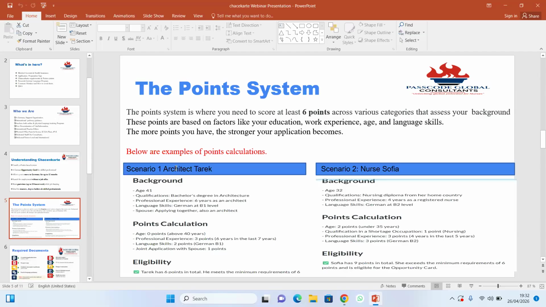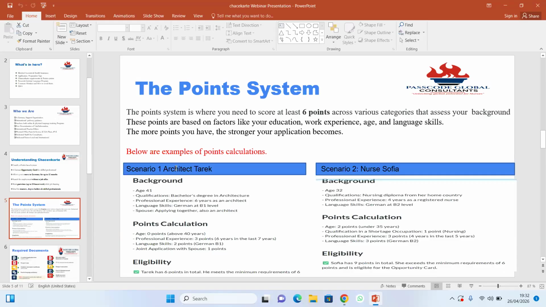When you look at her calculation, she'll have 2 points for age because she's under 35 years. Then she'll get 1 point because of the occupation. Then she'll get 3 points because she's been a nurse for 4 years, and 3 points for German language. So Sophia has a total of 9 points.